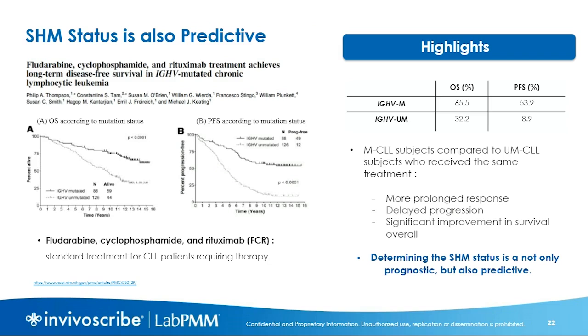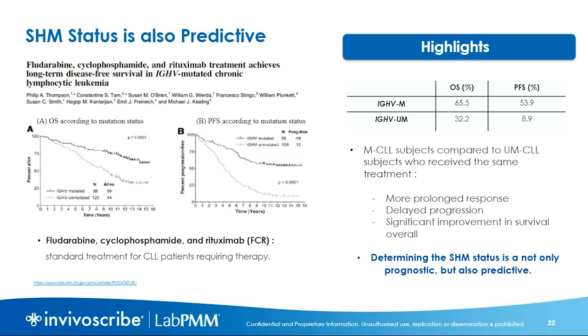This study shows that evaluating the SHM status is also a predictive test. It displays evidence for the importance of immunogenetic analysis in CLL, demonstrating that the SHM status for the IGHV genes were associated with a particular clinical response to chemoimmunotherapy regimens, such as FCR.